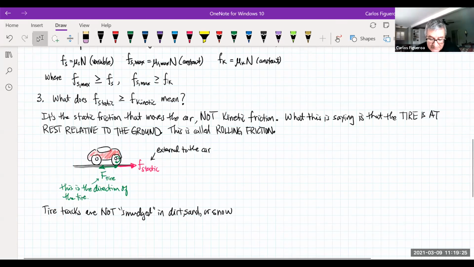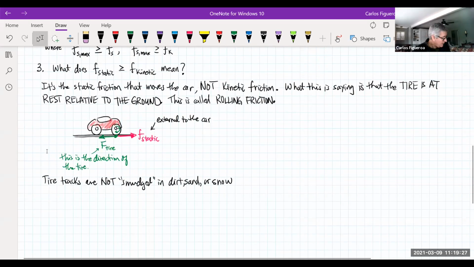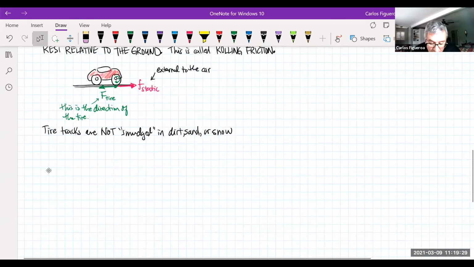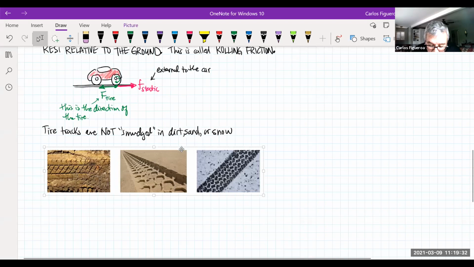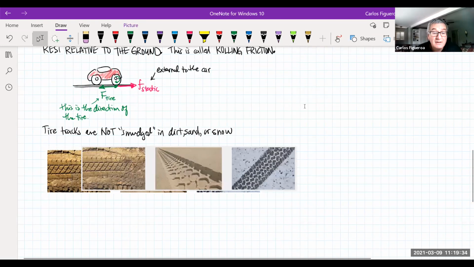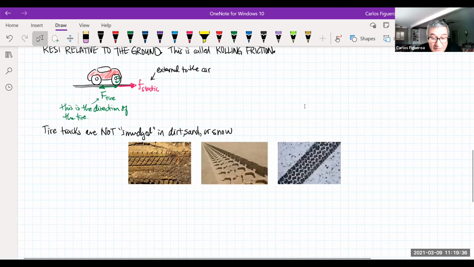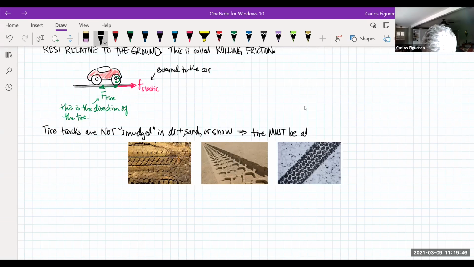So think about this. So if I come in here and I put an image in here, look at these images. What do these images tell us? This implies that the tire must be at rest relative to the ground.